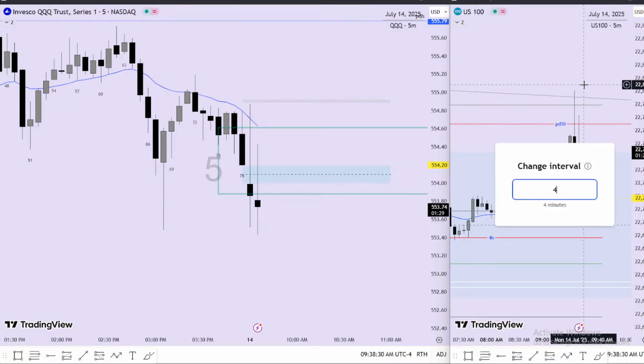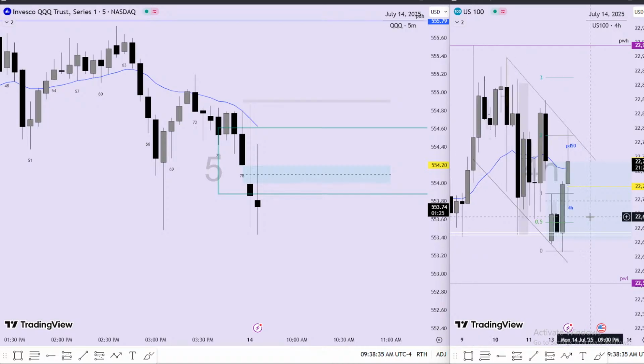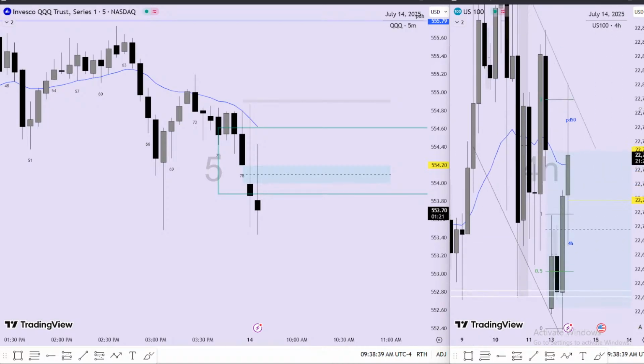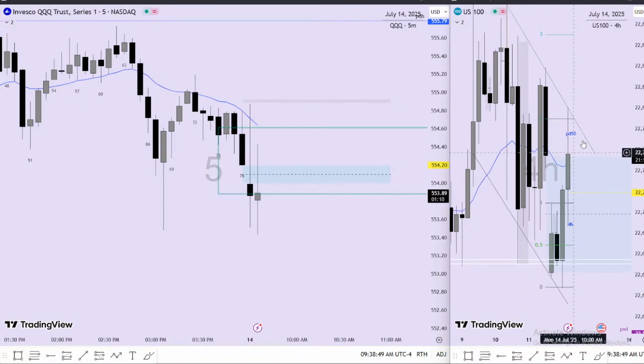Oh, 4 hours, not 4 minutes. We have 21 minutes till the 4 hours will close. We'll see how the 4 hours is going to close. Do the bulls have enough strength to close it above the 20 period moving average or not? Bulls have 20 minutes to decide.